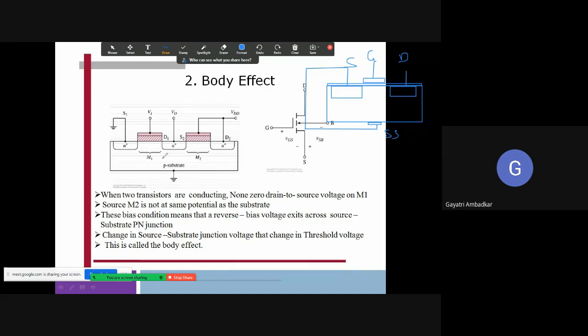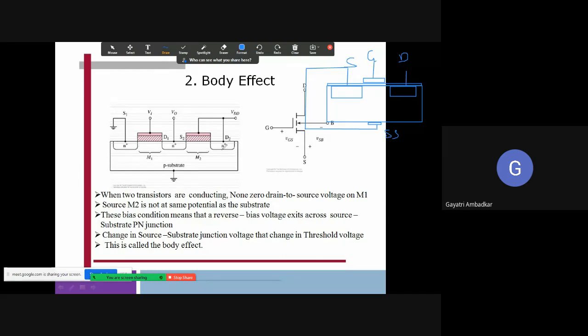Now, when MOSFET ICs are formed, in VLSI technology, in a chip, thousands of elements are connected together. In the cases when you want to form multiple MOSFETs, there will be a common substrate.